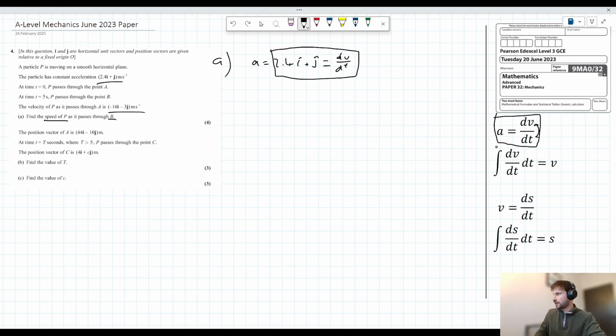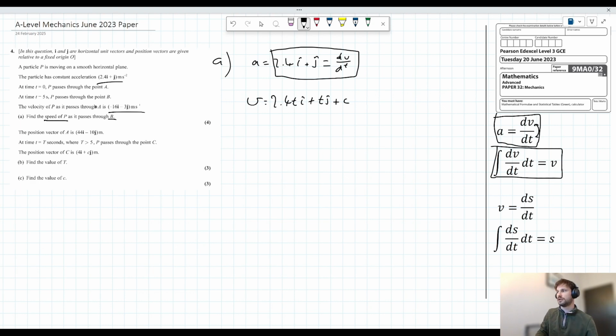So when I integrate dv over dt with respect to t, we will have v. So we'll have a function for the velocity of the particle with respect to time. Let's go ahead and integrate this then. We can say that v is equal to 2.4ti plus tj, plus our constant of integration here.